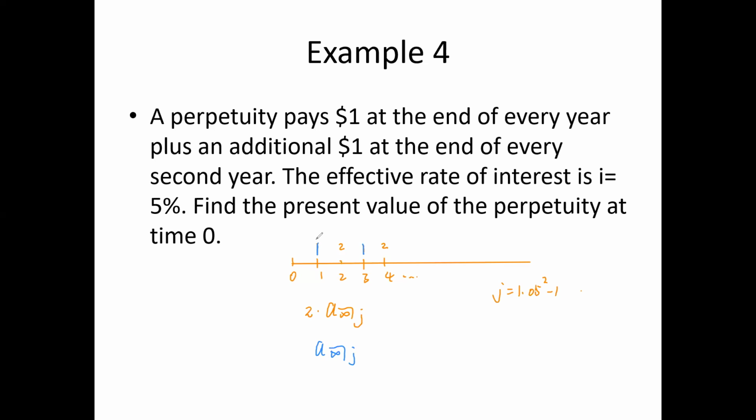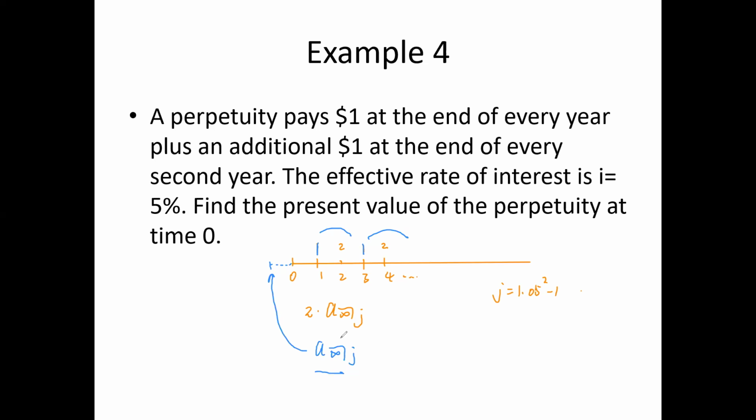If you discount back, this is actually the present value at this time. The distance between these two payments is 2 years, so you need to go back 2 years.